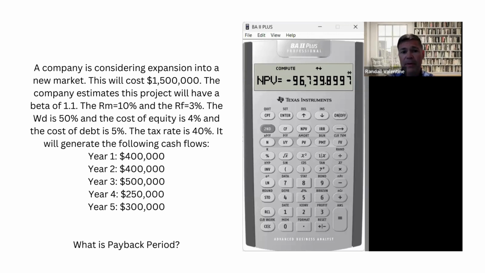So let's go on and do the NPV using WACC. Sorry, we just did NPV using CAPM. So keep in mind, if we go to the cash flows, we don't have to re-enter these because they're the exact same. Cash flows did not change.